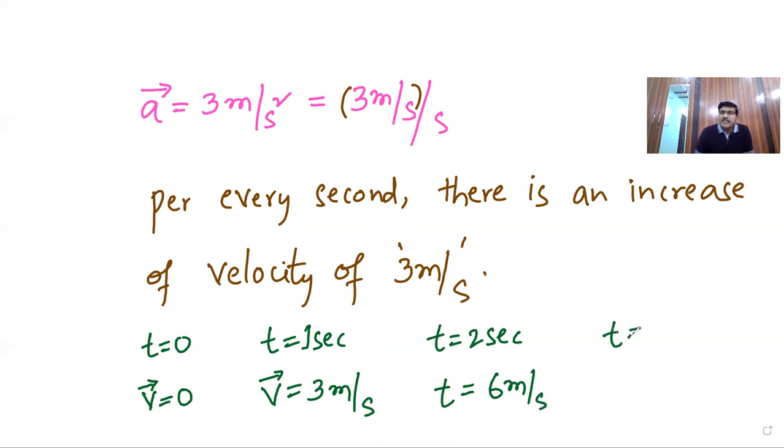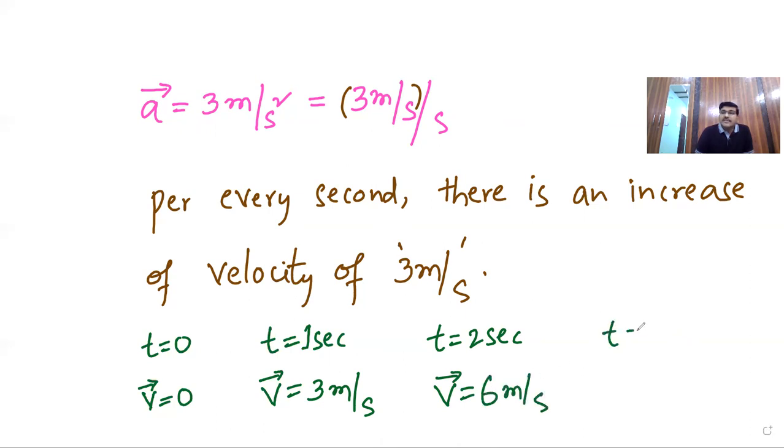When time is increasing 1 more second, when time is equal to 3 seconds, the velocity, here, when time is equal to 2 seconds, the velocity is 6 meter per second.